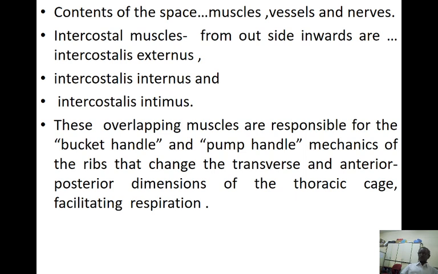These overlapping muscles are responsible for the bucket handle and pump handle mechanisms of the ribs that change the transverse and anterior posterior dimensions of the thoracic cage, facilitating respiration. That means in inspiration the ribs are drawn up such that the anterior posterior diameter of the rib cage as well as the width of the rib cage is increased.